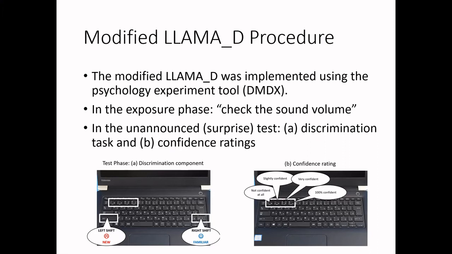Because some participants did not fully use all these 4 scales, I decided to dichotomize into high confidence and low confidence ratings. So I combined not confident at all and slightly confident as low confidence, and very confident and 100% confident as a high confidence rating for further analysis.